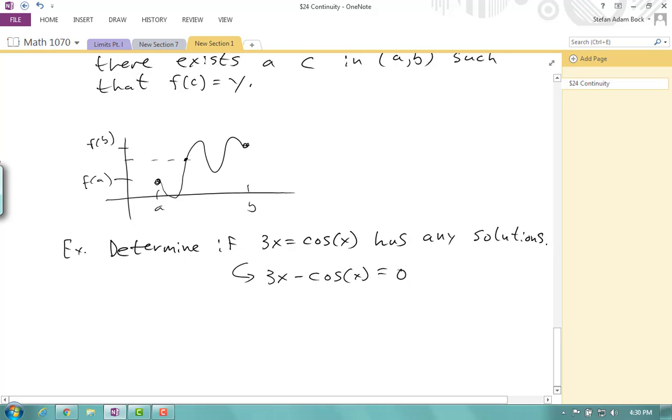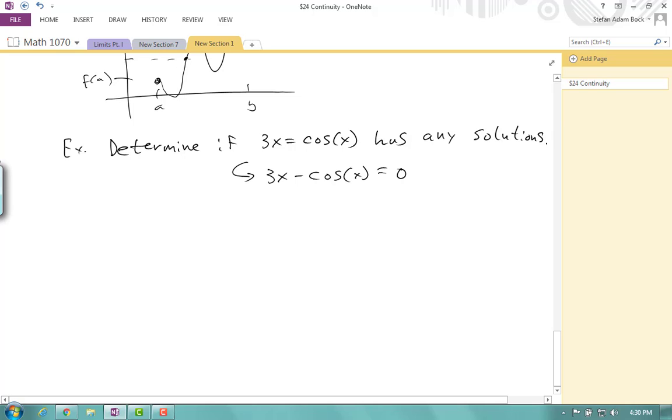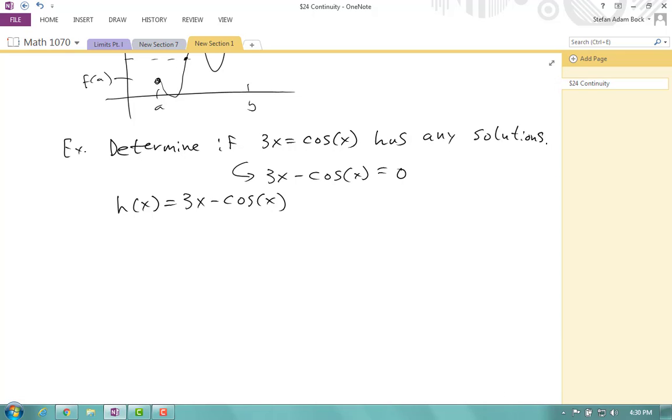Well, that means both of these are continuous functions. 3x is continuous, cosine of x is continuous, therefore the difference is continuous. So I have this continuous function, and I'm looking for a root or a solution to this function. And what the intermediate value theorem will do for us is, if I find a spot where this function is positive, and I find another spot where this function is negative, then somewhere between those two spots, between positive and negative, I have to cross the x-axis.